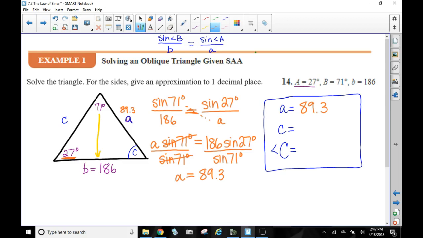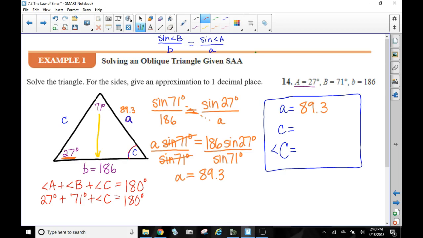Now, you know what we could have done before we started applying the law of sines? We could have found the measure of angle C. Remember that the sum of all the angles in a triangle adds up to 180. So angle A plus angle B plus angle C in any triangle is 180 degrees. Angle A was given to us to be 27 degrees. Angle B was 71 degrees. We don't know what angle C is, but we know all that adds up to 180.